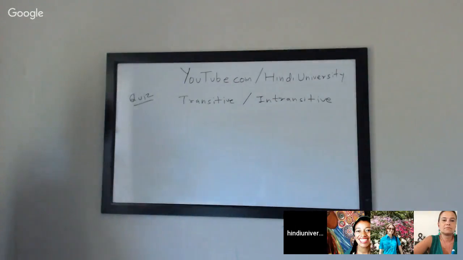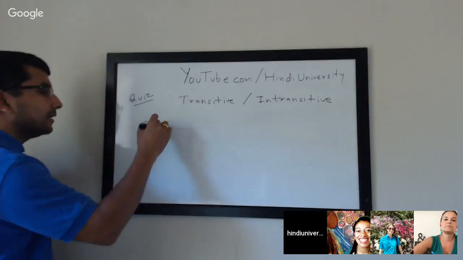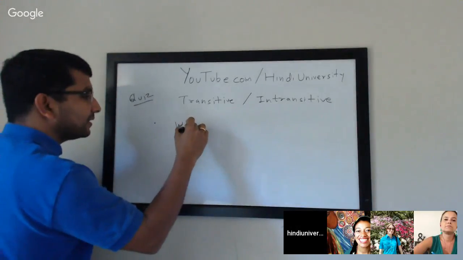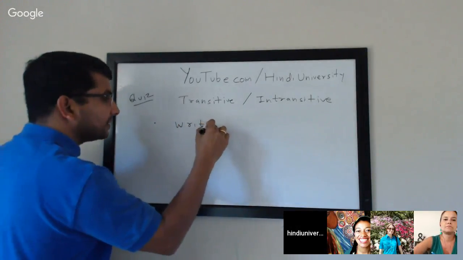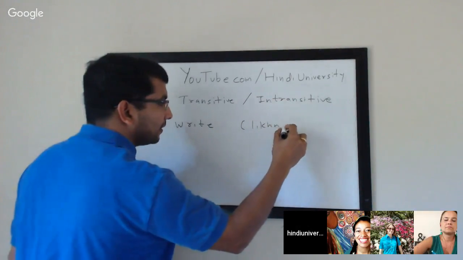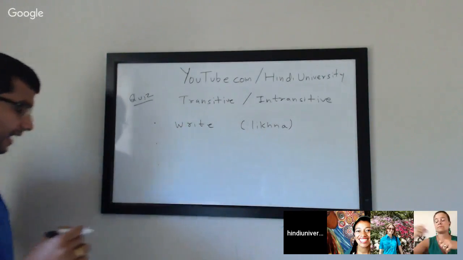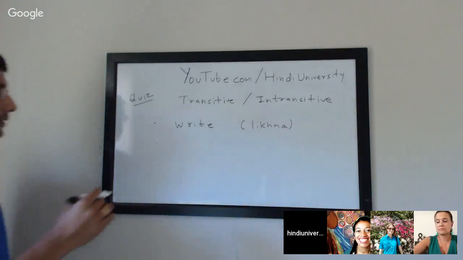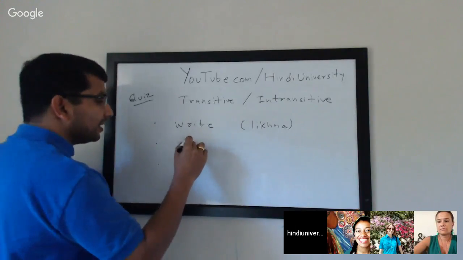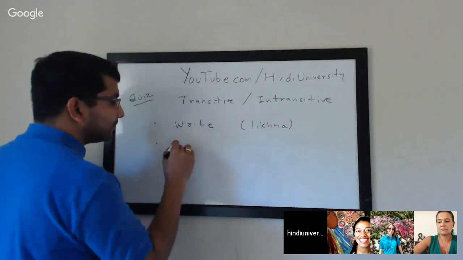Some of the verbs can be tricky and they can be both, but don't worry, we'll not focus too much on that, at least for this part. Okay, first one I have is to write, which is likhna. Second one I have is uthna, which is nothing but, let me write it down, to wake up.